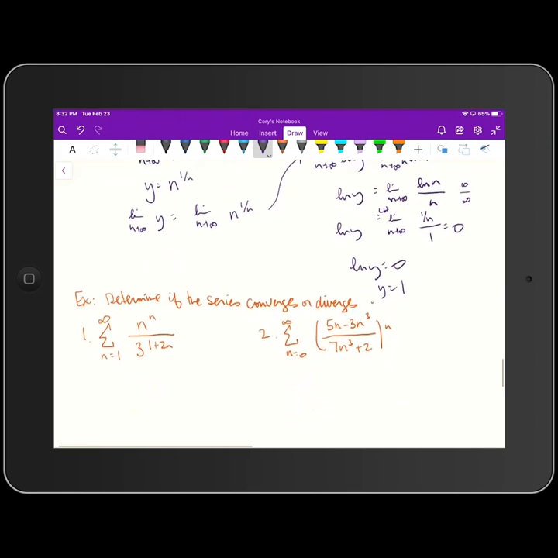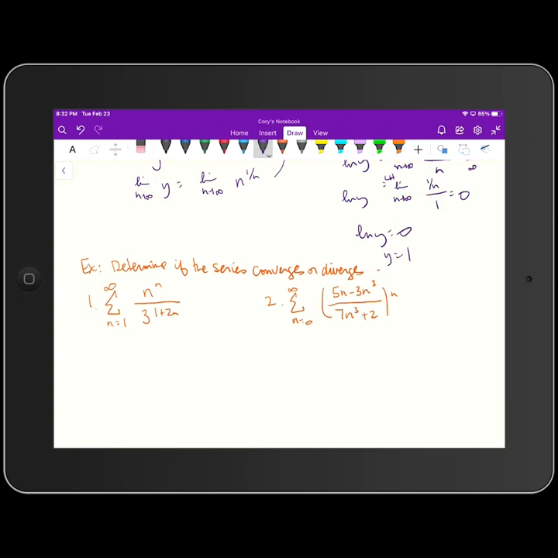Okay, so let's do a couple of examples utilizing the root test. The directions ask us to determine if the series converges or diverges. What are some good situations where we can use the root test?